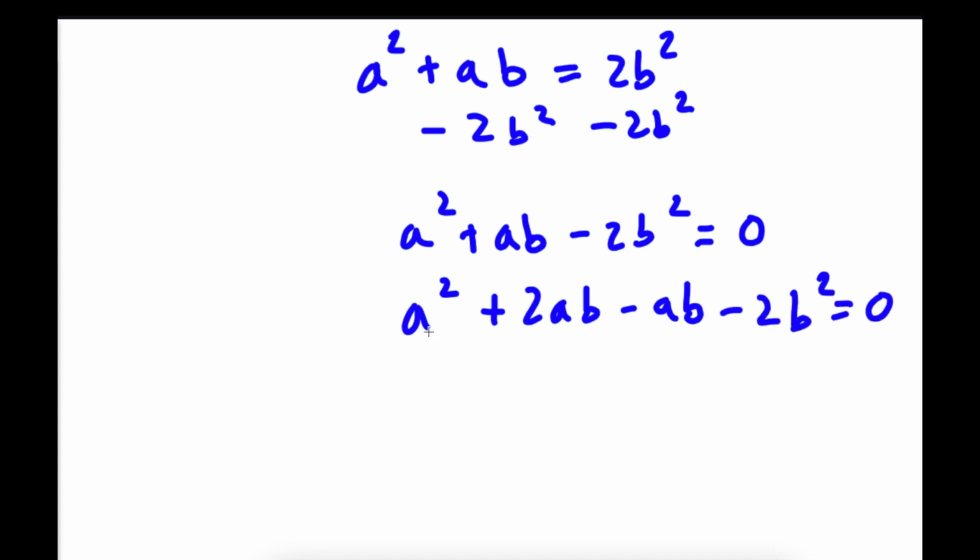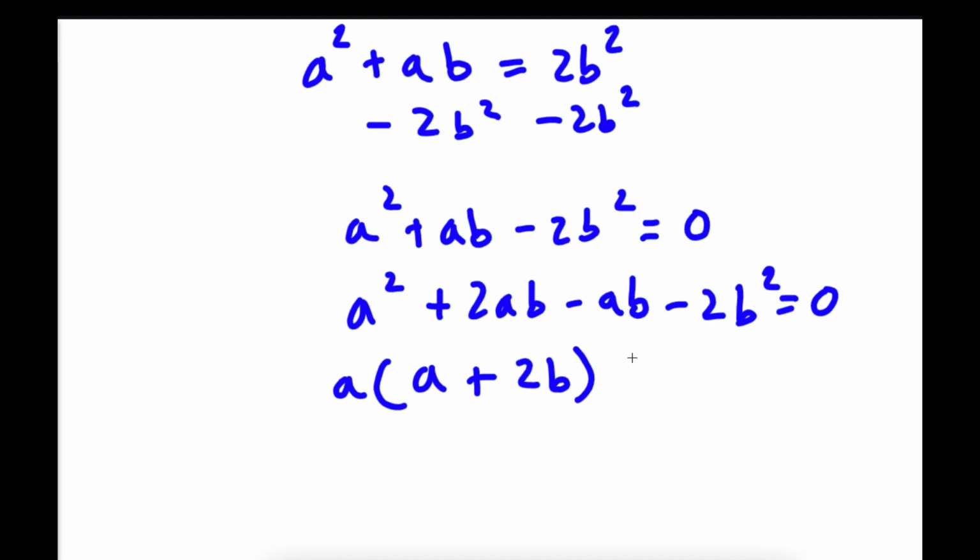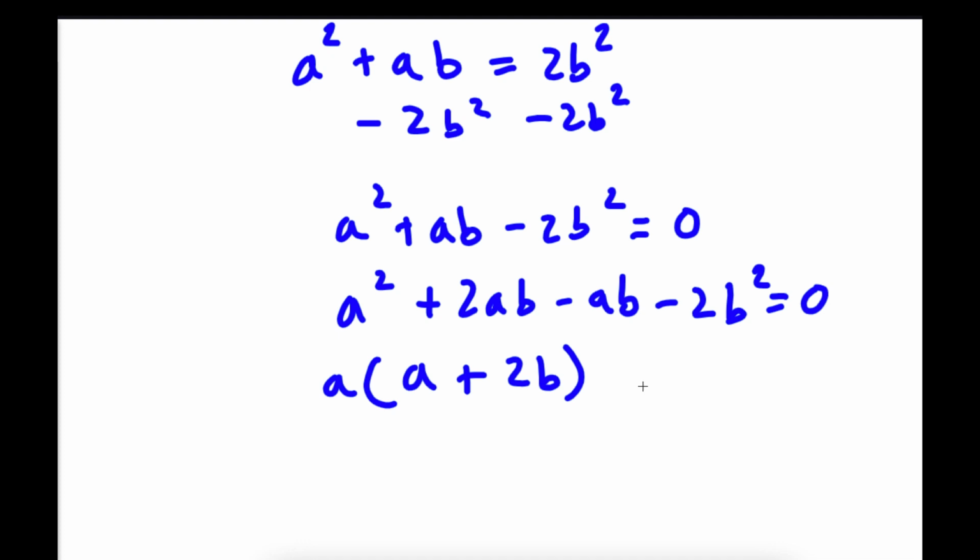So now I'm going to individually factor this into two parts. First, from a squared plus 2ab, I'm going to factor out a. So now I have a times a, since a squared divided by a is simply a, plus 2ab divided by a is 2b. Now from negative ab minus 2b squared, I'm going to factor out negative b.